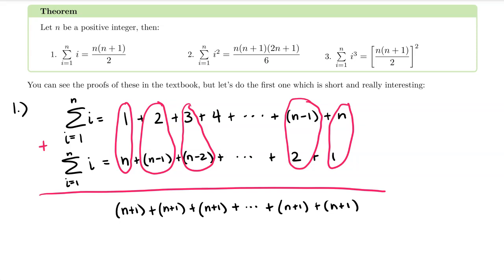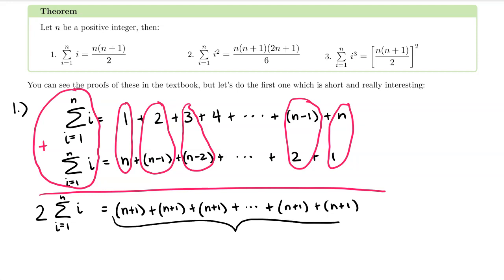So that's what it looks like on the right-hand side of our equal sign. If I were to add these two things together, notice that they are the same thing. And so that would just give me 2 times this summation. And on the right-hand side, I'm adding together n plus 1 to itself n times.